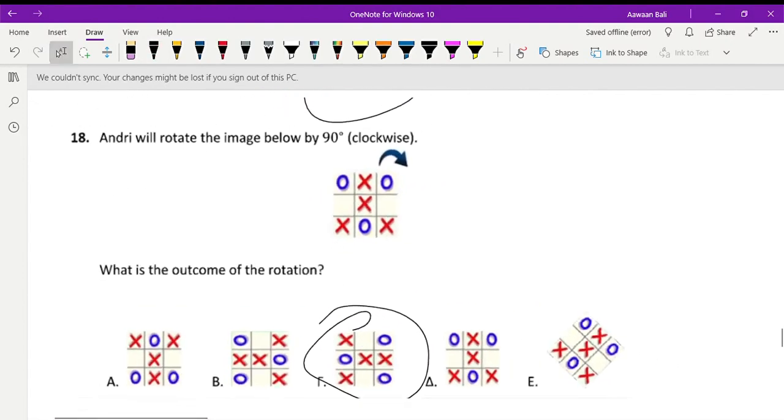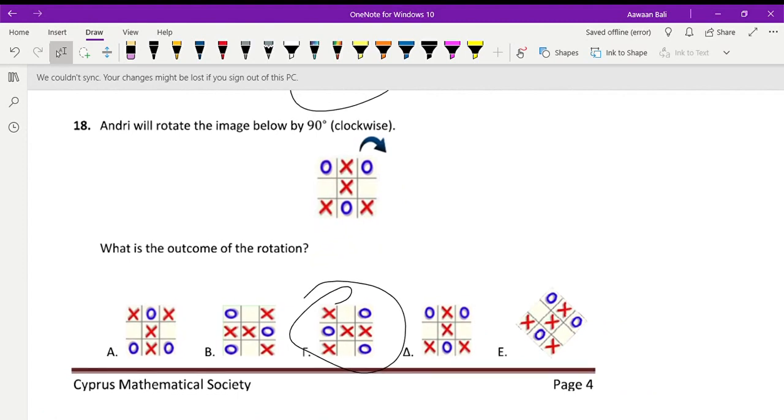Now, Andrew will rotate the image below by 90 degrees clockwise. What is the outcome of the rotation? Well, eta is definitely wrong, because when you do 90 degrees, the square will still look the same, just the inside will be different. Like the pattern there will be different. This is 45 degrees basically, so that's wrong.